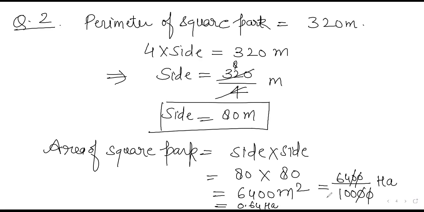If you divide, there will be 2 zeros, so the decimal point comes before 2 digits, right? This is the decimal concept you already know. So the answer in hectare will be 0.64 hectare; in meter square it is 6400 meter square.